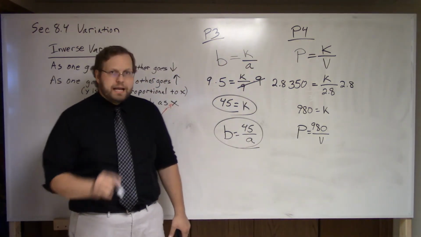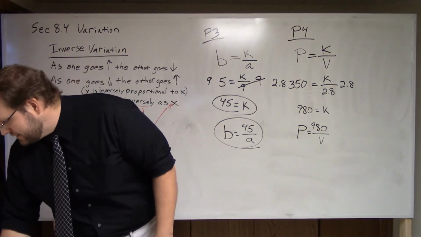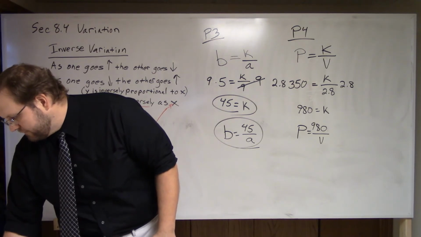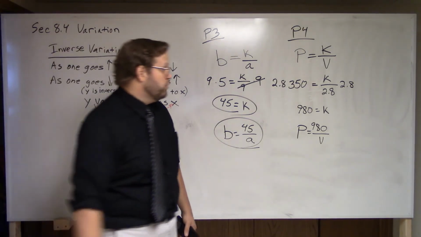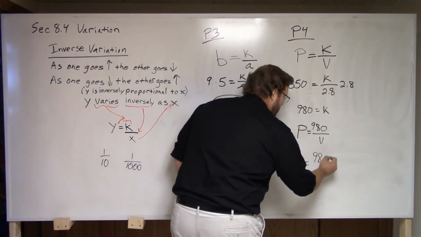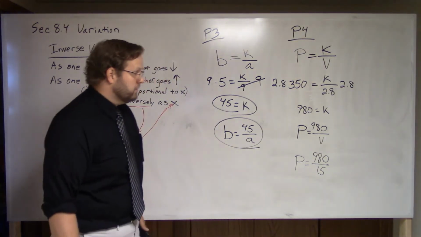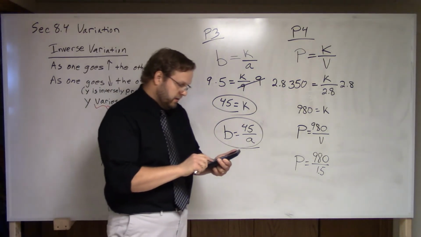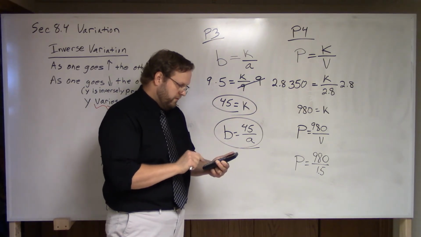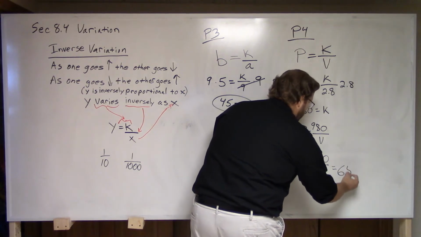Okay? Now, the actual question has us use that formula. And it says to find the pressure when the volume decreases to 1.5. So now find the pressure when the volume is 1.5. Now, all you do is calculate that, 980 divided by 1.5, and we get 653.